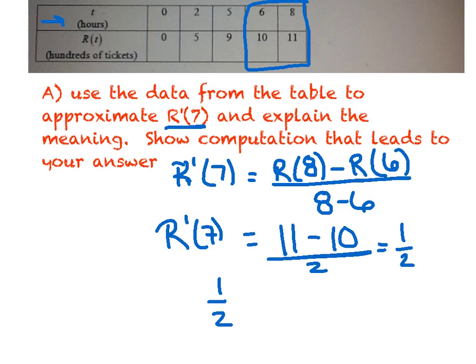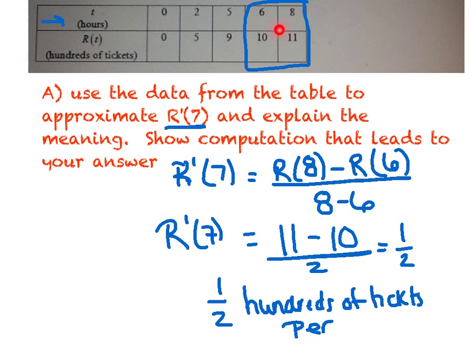So I've got 1 over 2 hundreds of tickets. Now I'm dividing, so I'm going to use the word per. Notice I divided by the 8 minus 6, and the 8 and 6 are on the line that says hours. So it's hundreds of tickets per hour.